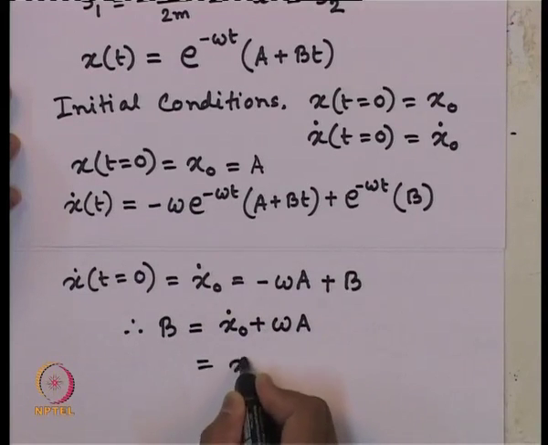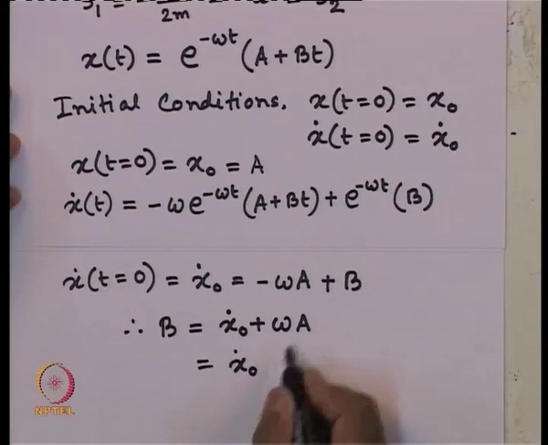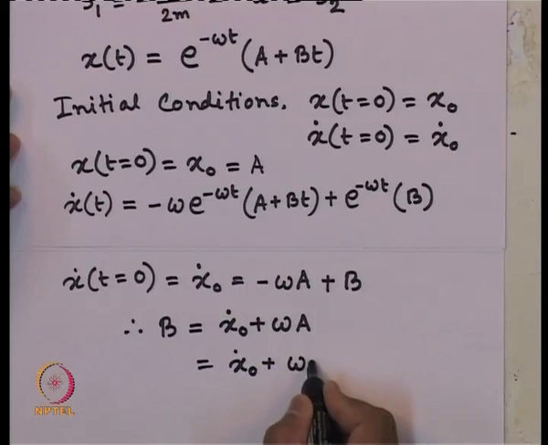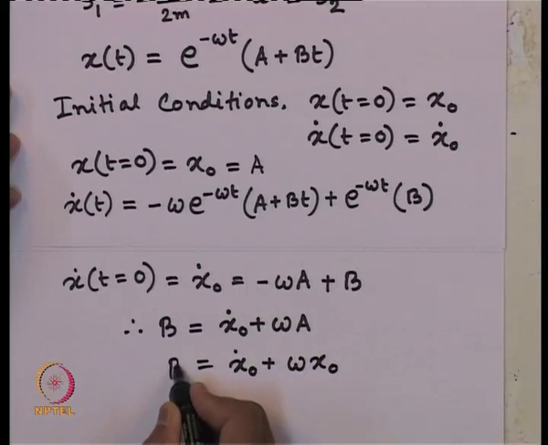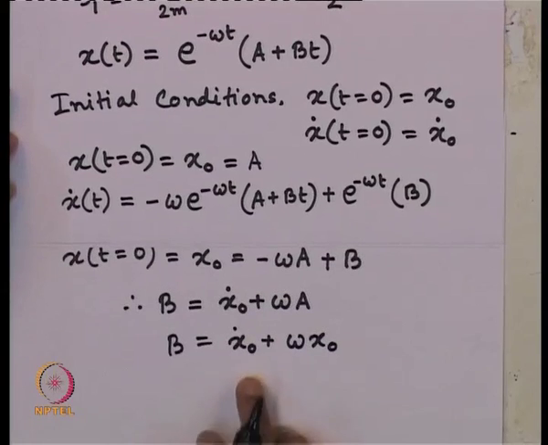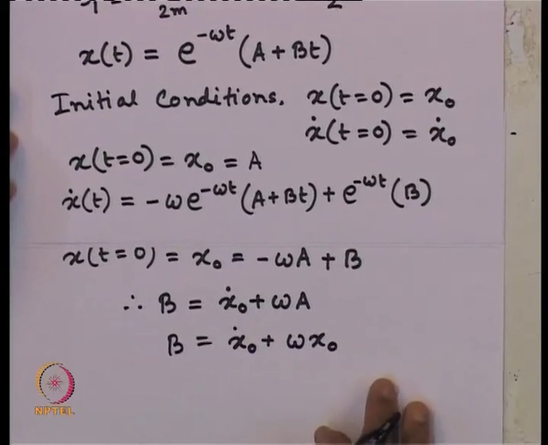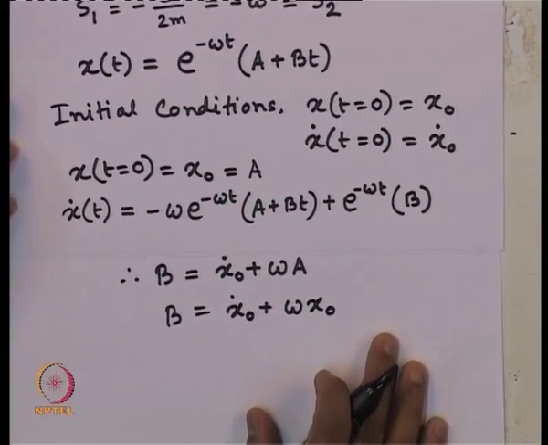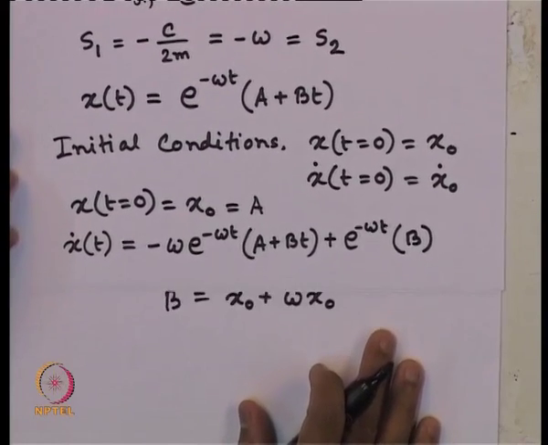Now, how much is our other constant a, which is also known now? x naught. So, the other constant b is x naught dot plus omega x naught. So, what is the complete solution we can now write?